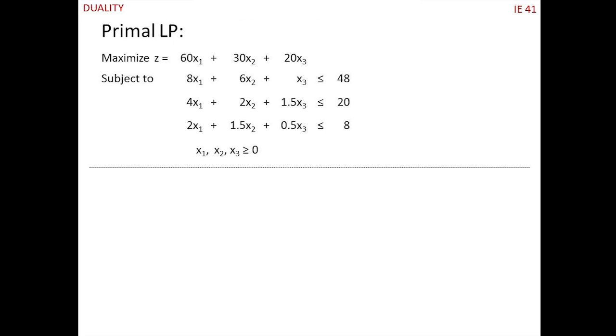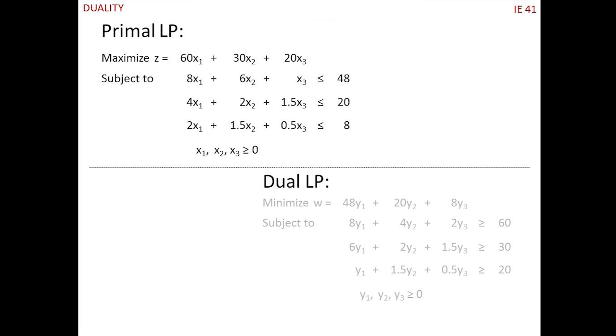Using our table, we can construct the dual of this LP. Min w is equal to 48y sub 1 plus 20y sub 2 plus 8y sub 3, such that 8y sub 1 plus 4y sub 2 plus 2y sub 3 is greater than or equal to 60. 6y sub 1 plus 2y sub 2 plus 1.5y sub 3 is greater than or equal to 30. y sub 1 plus 1.5y sub 2 plus 0.5y sub 3 is greater than or equal to 20. y sub 1, y sub 2, and y sub 3 are all greater than or equal to 0.